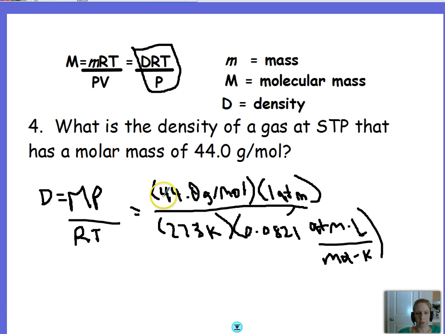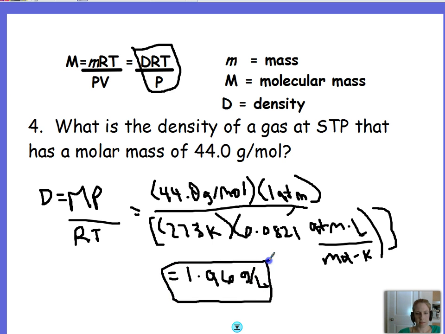There we go. So we just do 44 times 1 divided by, and make sure you put parentheses or brackets around the bottom so that you get the right number. So 44 divided by 273 times 0.0821. And that is going to give you 1.96 grams per liter. And that is our density for this gas. Pretty easy. Just lots of variations on the same equation.